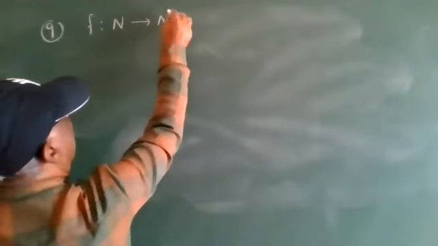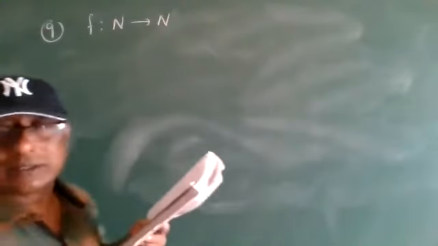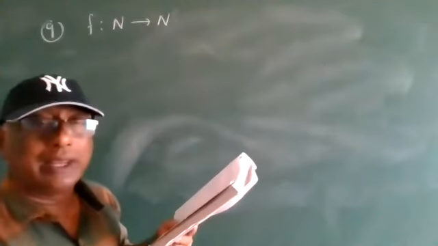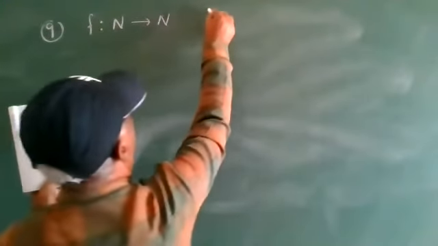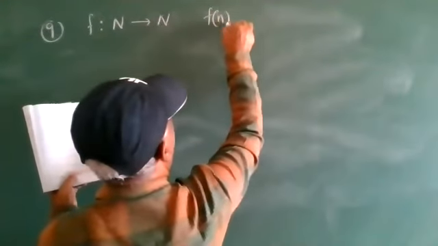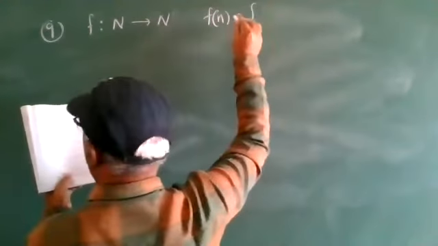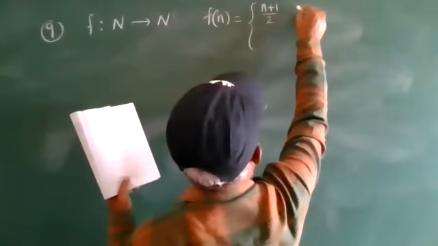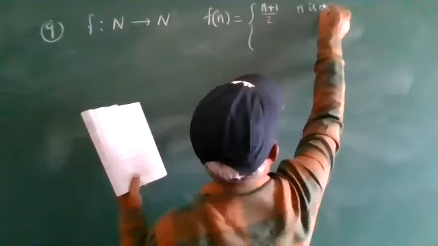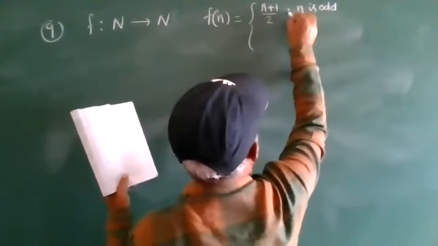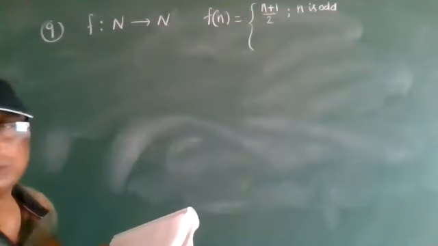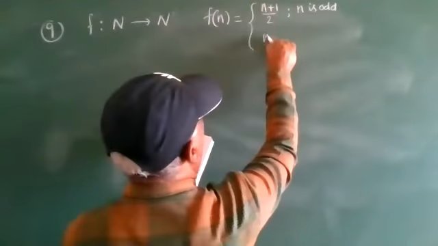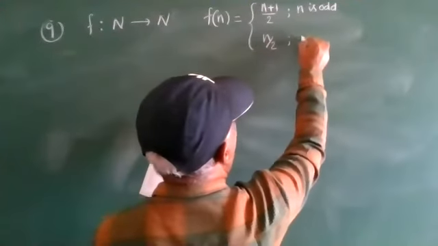The domain set is also natural numbers, and the codomain set is also natural numbers. Now f is a mapping from N to N. What is given? It is defined by f of n equals (n plus 1) by 2 if n is odd, and n by 2 if n is even.